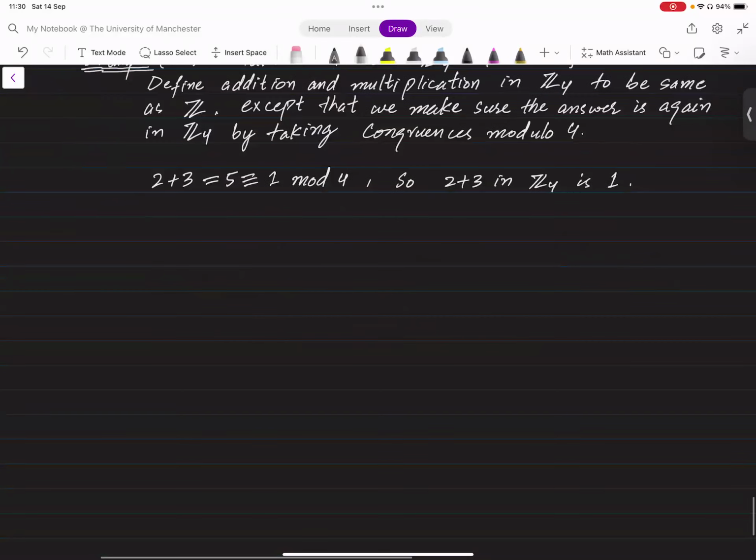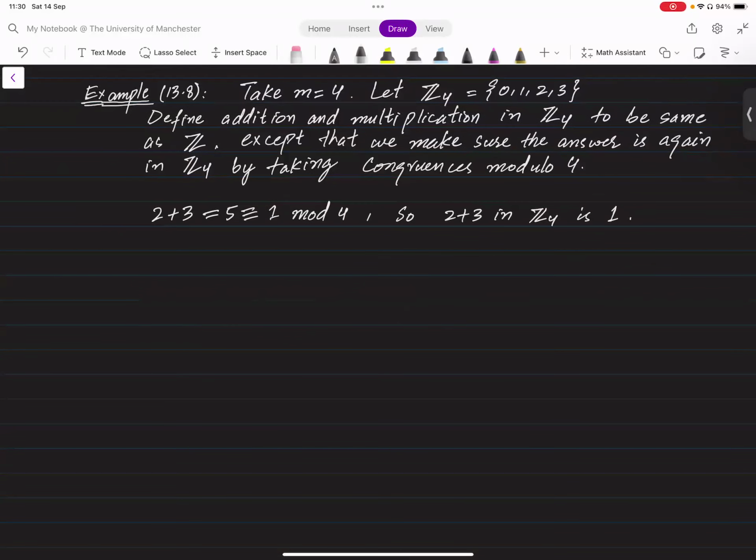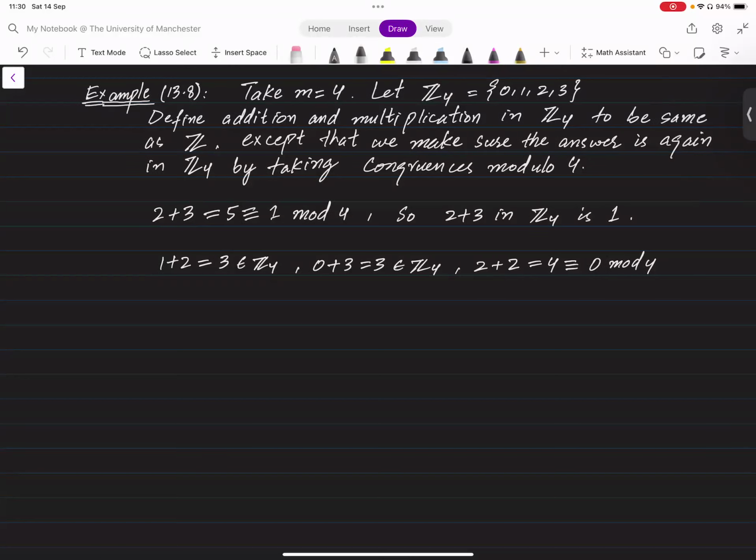Here are some other examples. 1 plus 2 is 3, and it is in Z4. 0 plus 3 is 3, it's also in Z4. Now 2 plus 2 is 4, which is congruent to 0 mod 4, so 2 plus 2 is equal to 0 in Z4.